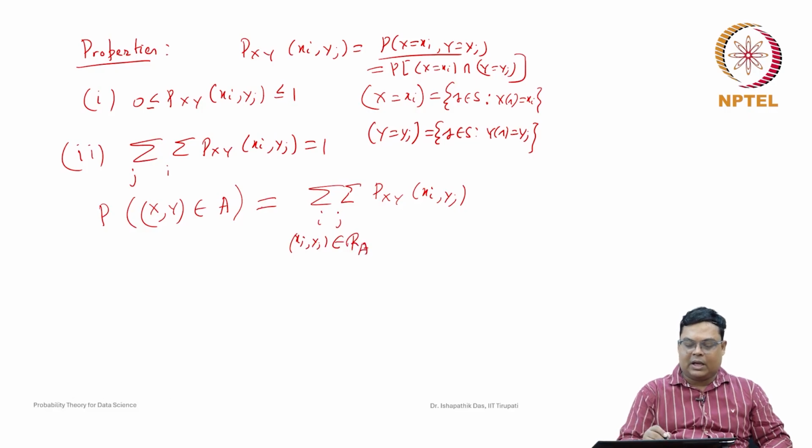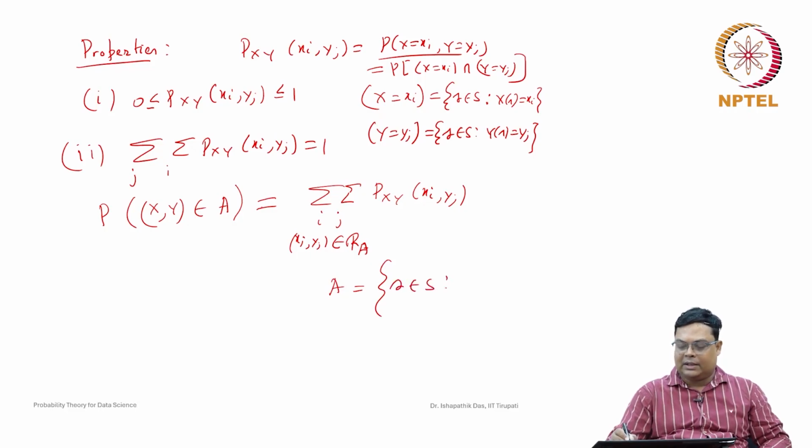Basically, here A is a subset, or what is A actually? A here is nothing but all s in S such that x of s belongs to this range of A, and y of s belongs to it.